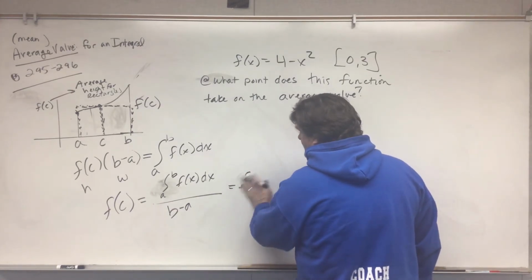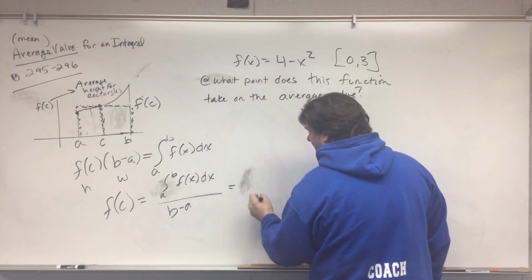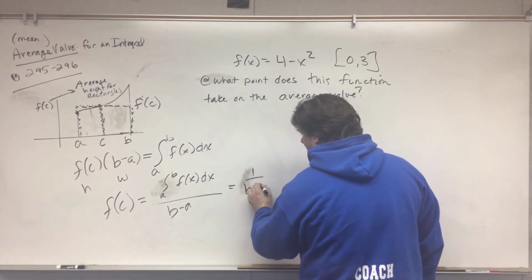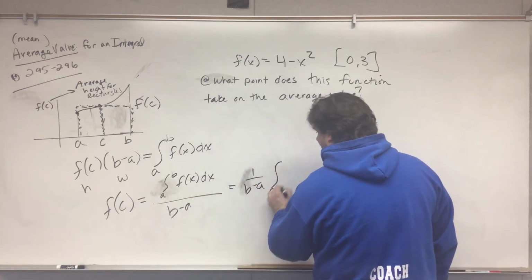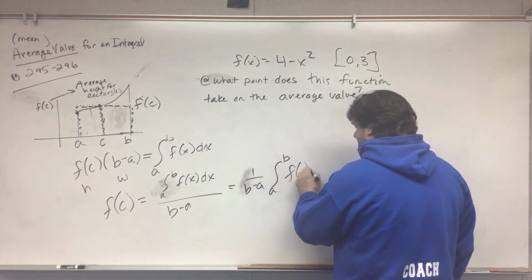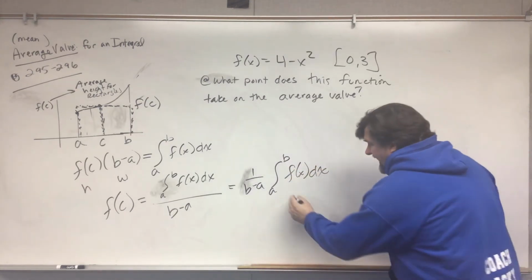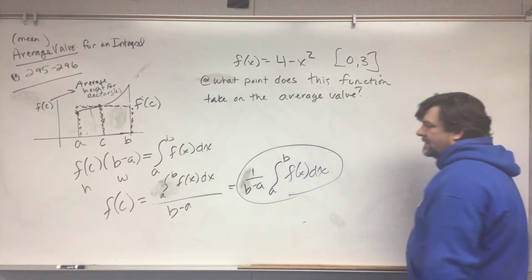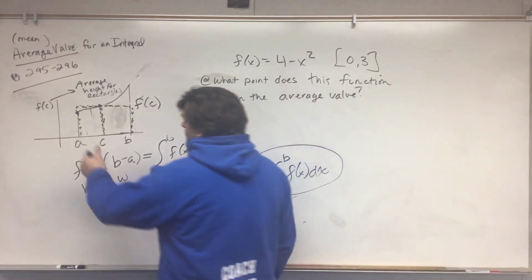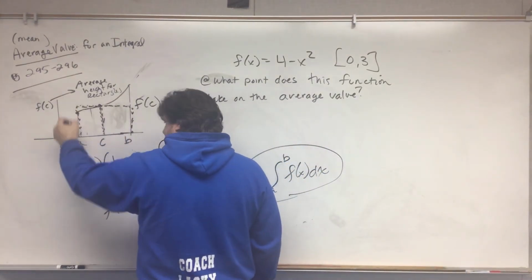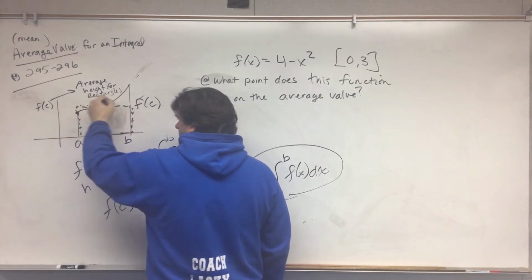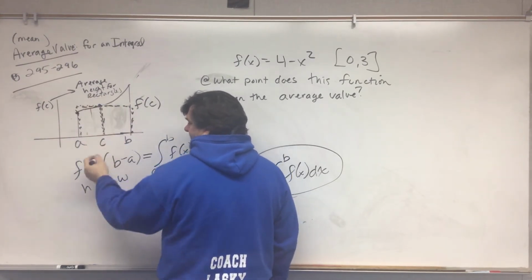The average value is 1 over b minus a times the integral from a to b of f of x dx. That's our average value formula, based on the idea that we find an average sized rectangle with an average height that covers the boundaries.